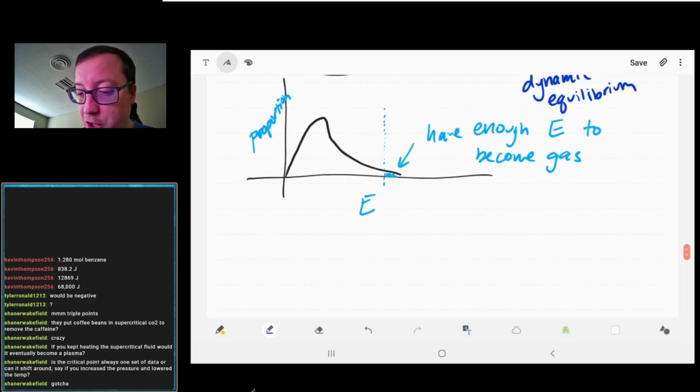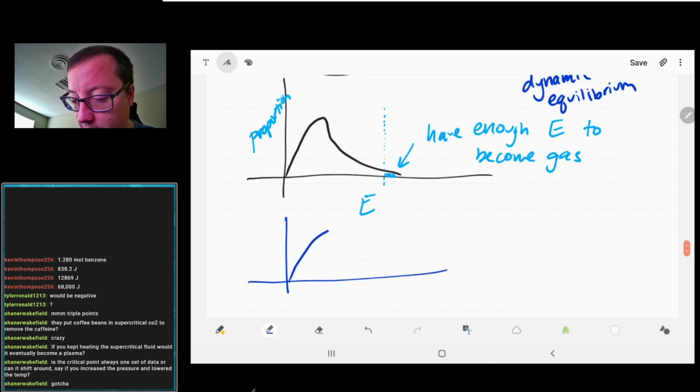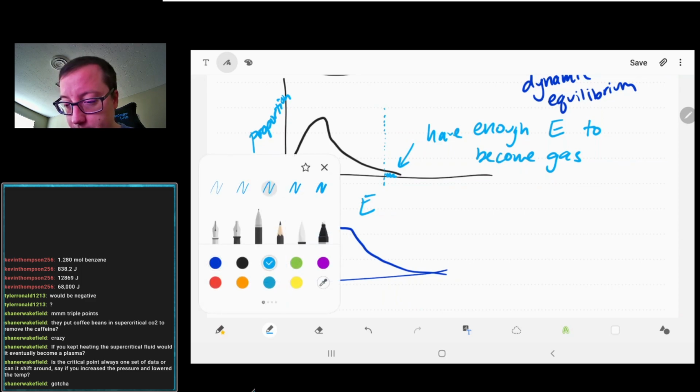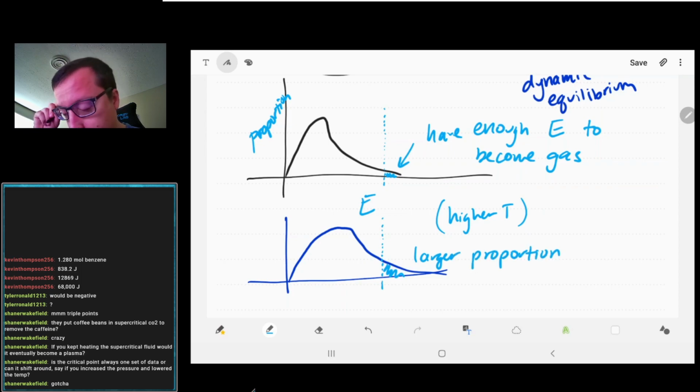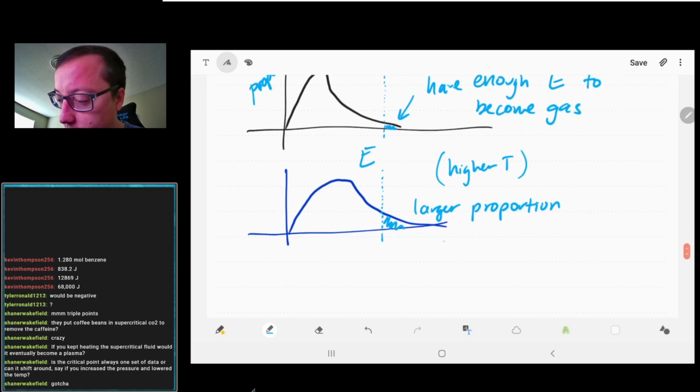Remember that if we change the temperature, now in dark blue, if we increase the temperature, we shift our graph. So this one is at higher temperature. If we take a look at that same line, we see that a larger proportion of molecules can escape, can become gases.